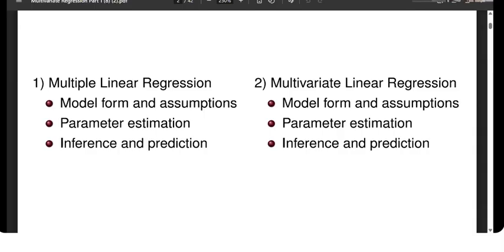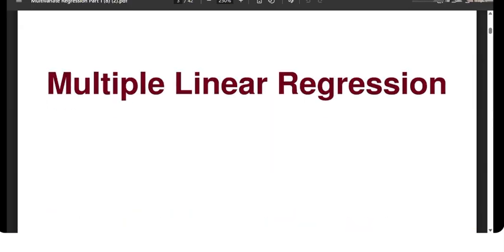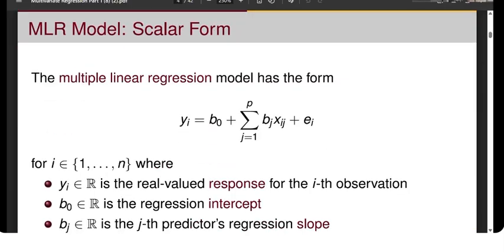Of course, this is what we're going to achieve today, while on Wednesday and Friday we're going to focus on situations where more than one outcome variable is involved. So once again, I want to welcome you to multiple linear regression.